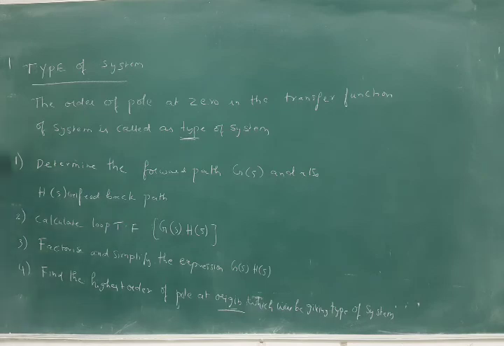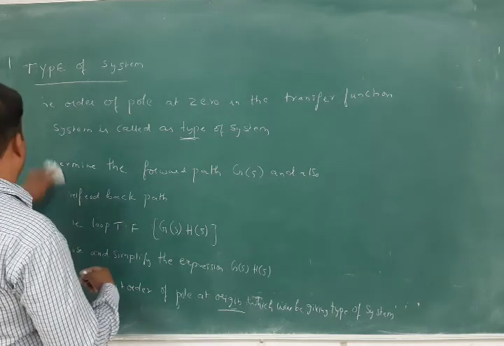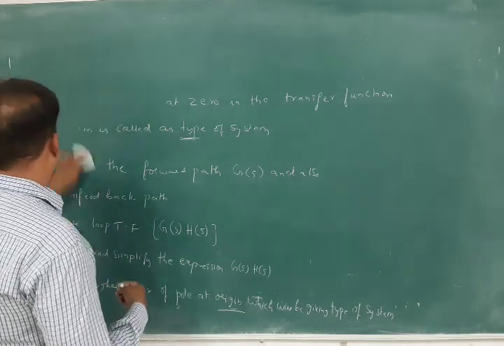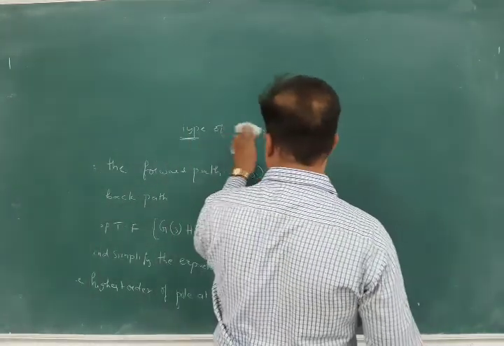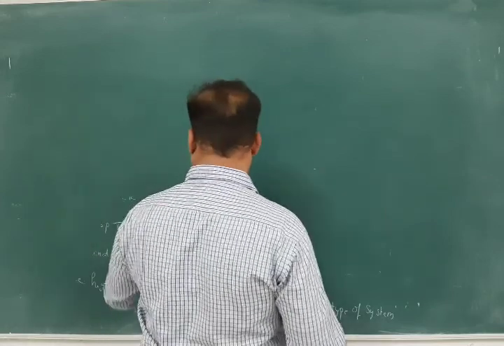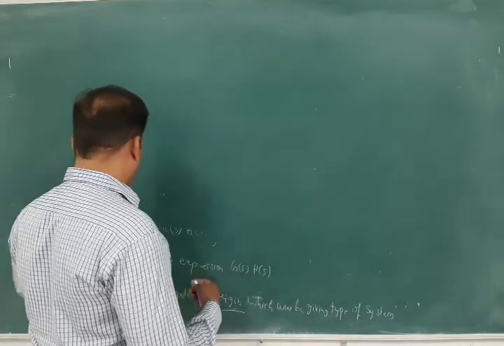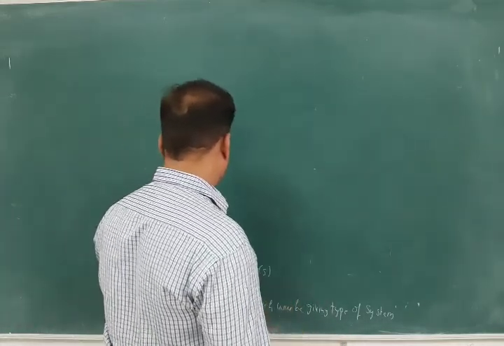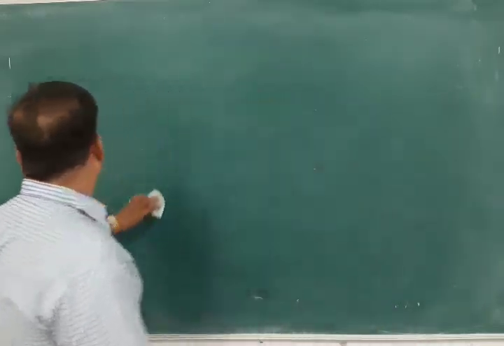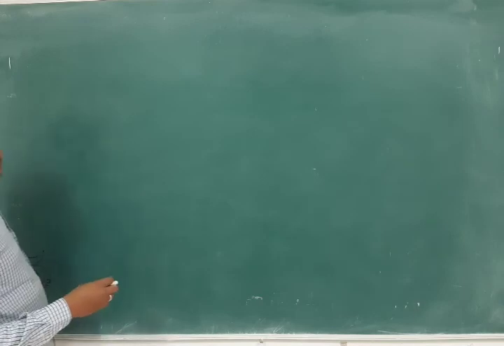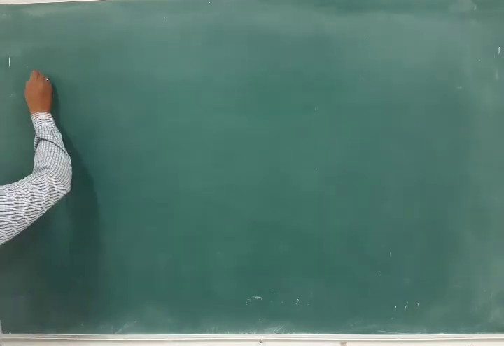Taking an example, you have to take g of s into h of s. Normally in a block diagram g of s and h of s will be given, and you write those values here.